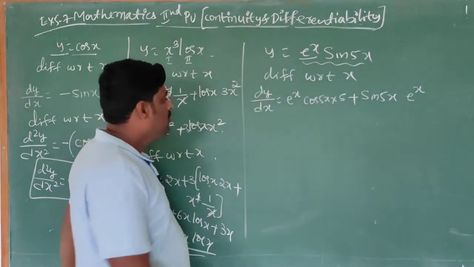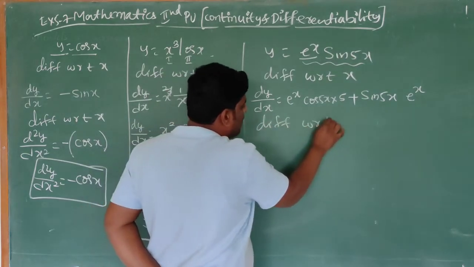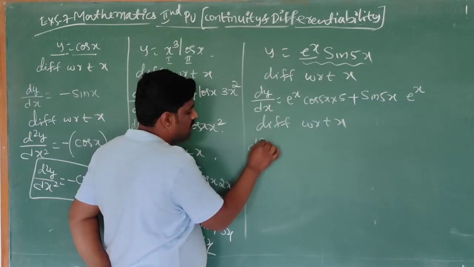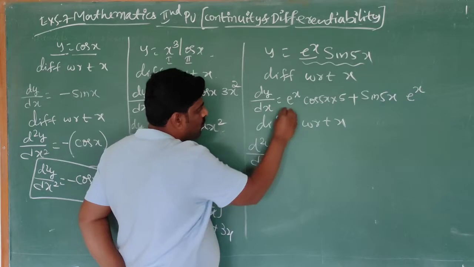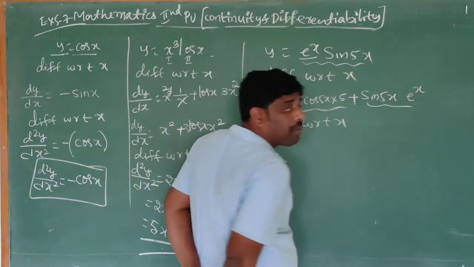Okay. So now again differentiate with respect to x. Double differentiation. dy by dx differentiation is d square y by dx square. So here also we have to apply the product rule.